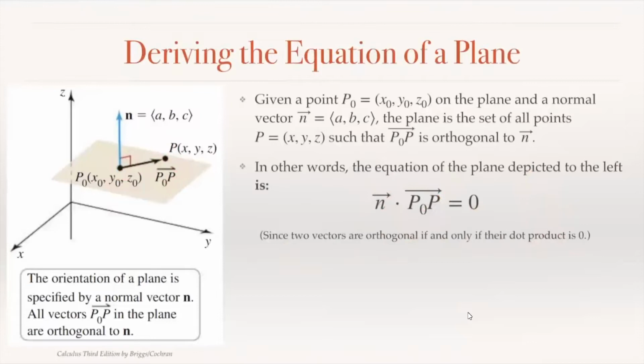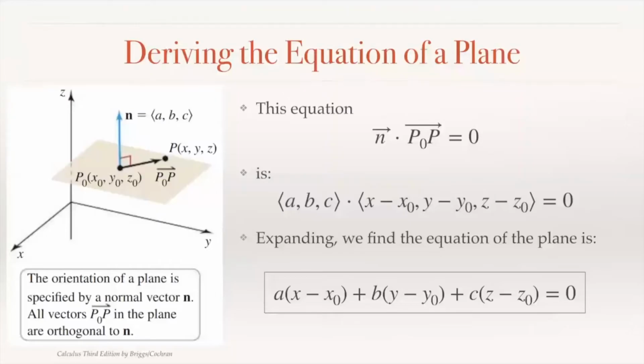And we can expand this out and get an actual equation in terms of x, y, and z, a more standard-looking equation that we might be more comfortable with. So expanding this out in terms of the constituent components of the normal vector and p naught and p, we know that the normal vector has components a, b, and c, and p naught is our point x naught, y naught, z naught.